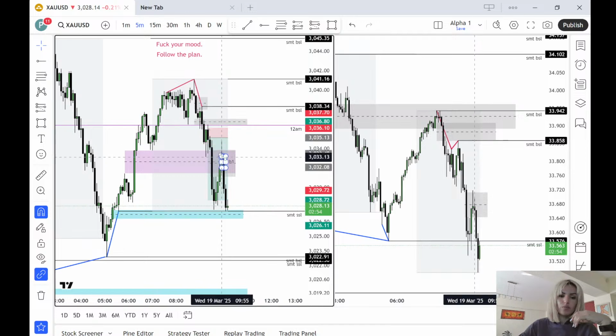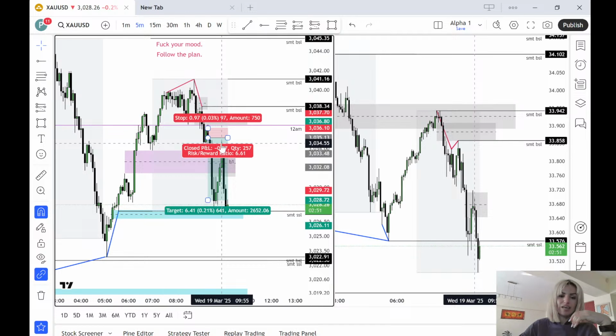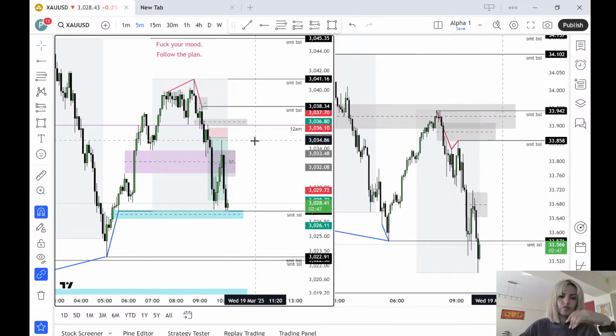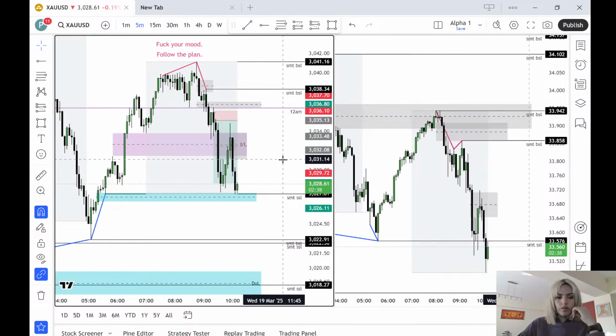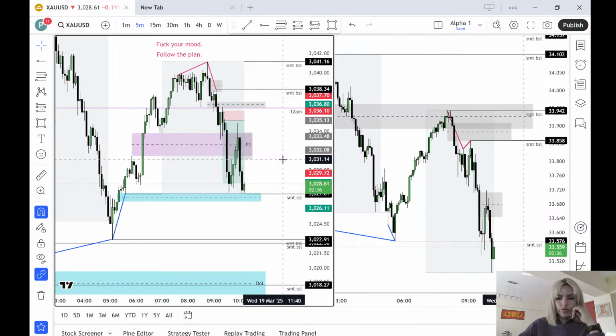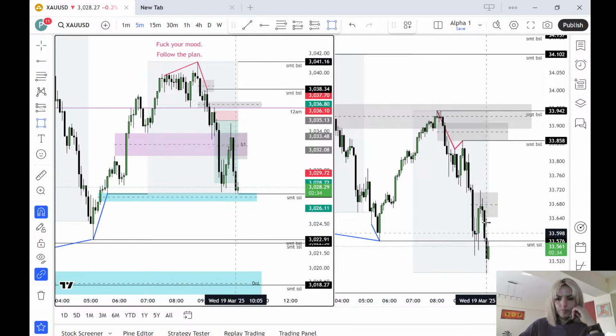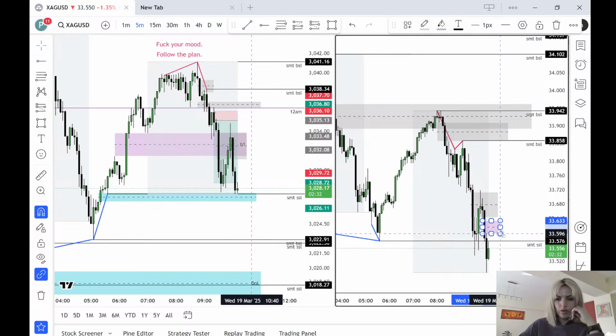And by the way, when it went up in here, it tagged me out with the spread over here on my funded account. So I'm not in any trade at this moment. I don't have any runners or anything like that because it tagged me out.